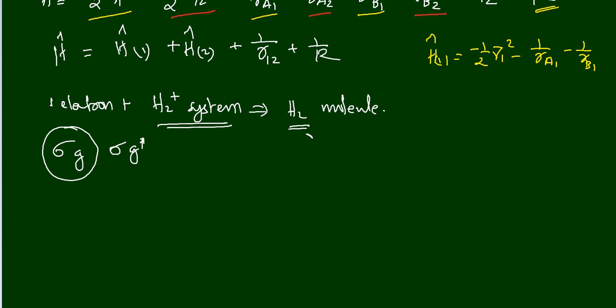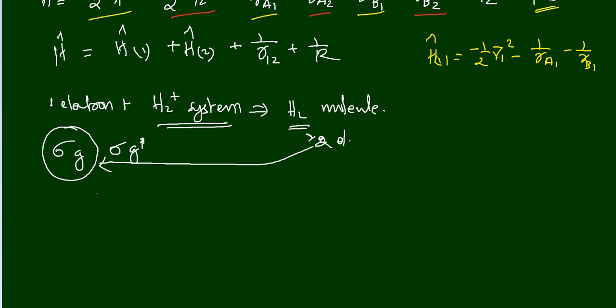This is a two electron system. Both these electrons will be added in this sigma g, because one orbital can accommodate two electrons. So that is why we are going to constitute the wave function.